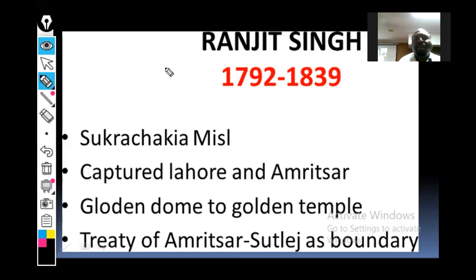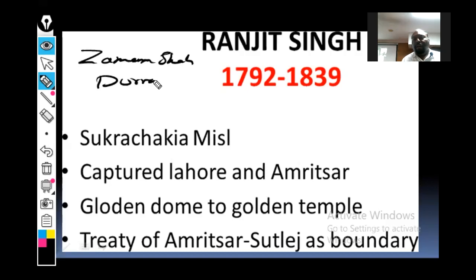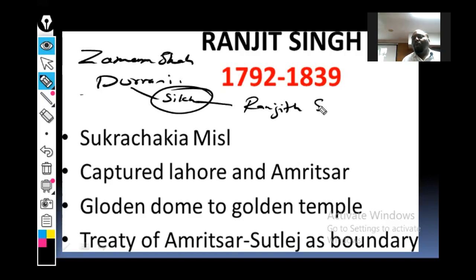So in the Sukrachakya missile area, who comes during his period? Zaman Shah Durrani comes and enters the Sikh area. And who defends the Sikh area? Ranjit Singh successfully throws him out.